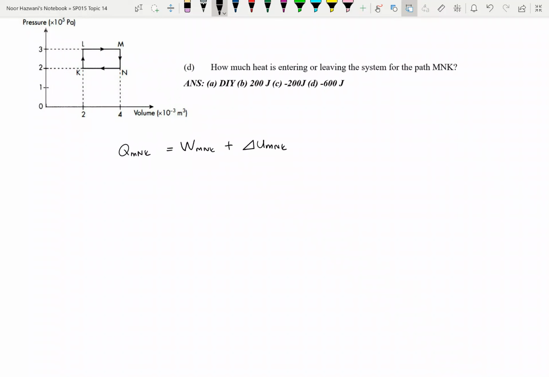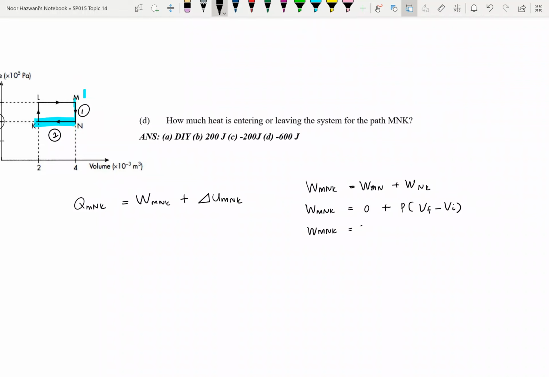Okay, so work done MN is zero. For this one we will use the formula work done equals pressure times V final minus V initial. Okay, and then you plug in all the values. We know everything. So, the pressure here is 2 times 10 power of 5.